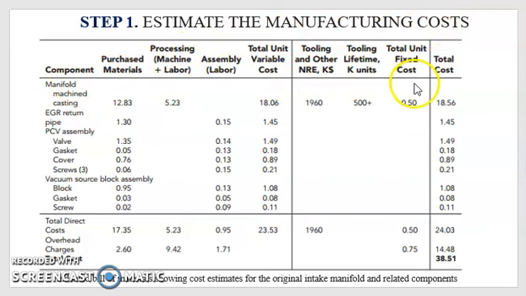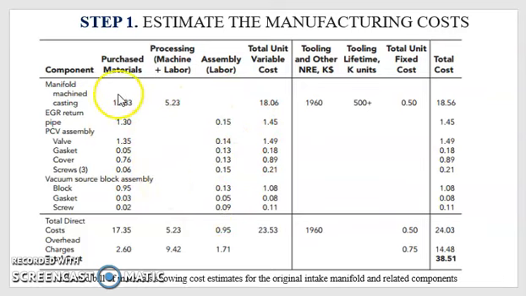A bill of material is generally used to provide a clear picture of the fixed and variable cost associated with different component of air intake manifold assembly. The EGR, that is exhaust gas recirculation, and PCV assembly, positive crank ventilation, and vacuum source block assemblies are also included here, as they are directly connected to the intake manifold.